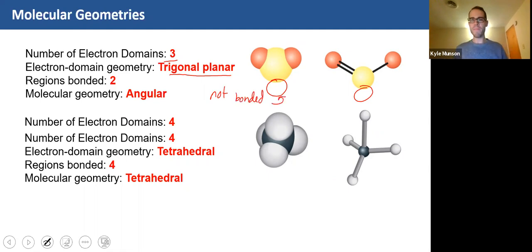The resulting molecule is going to look like this, so it's considered to have an angular geometry. So when you have electron domain geometry of 3, but only 2 regions are bonded, it has an angular geometry.